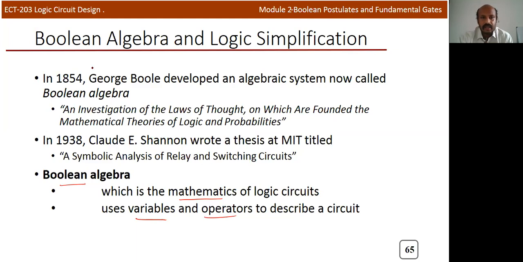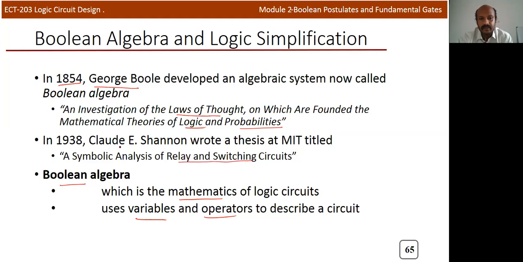Actually, this theory was initially developed by George Boole in 1854, in his book An Investigation of the Laws of Thought, on which are founded the mathematical theories of logic and probabilities.